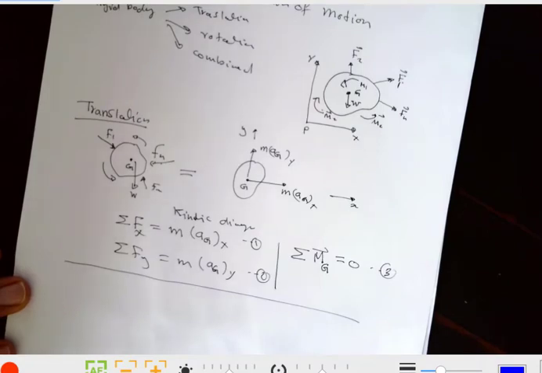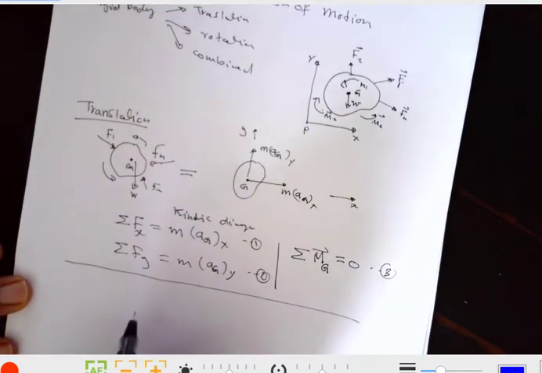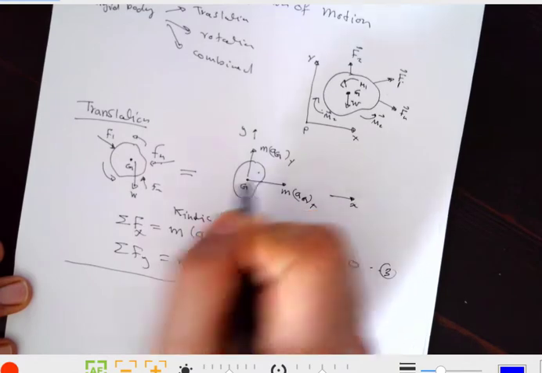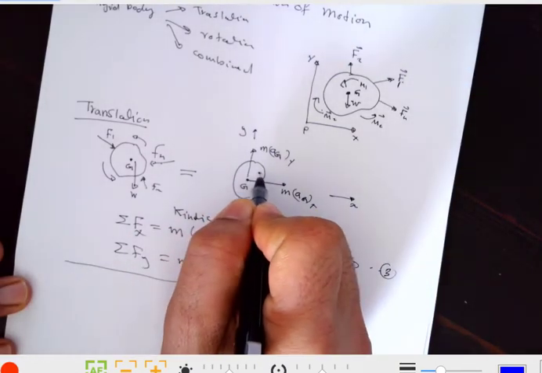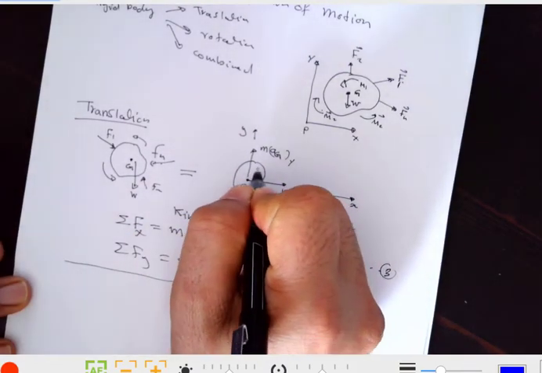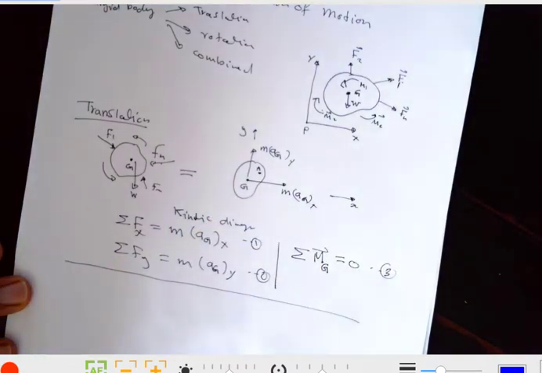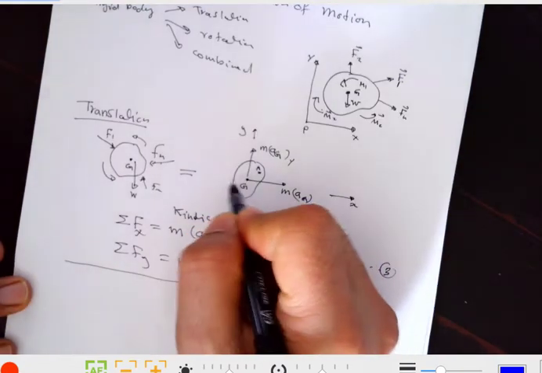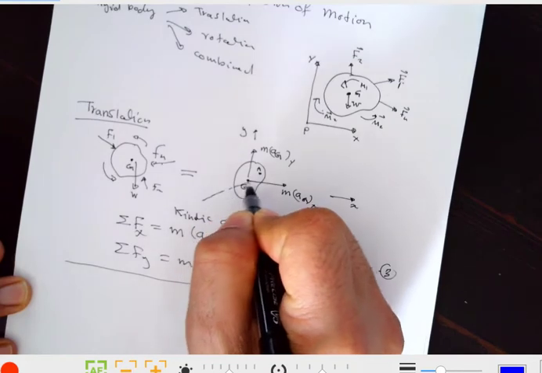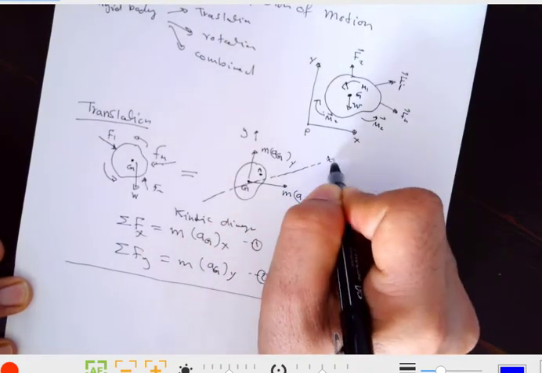Let's say I have a point over here. I'm going to call this point A. And let's say this system is translating along this line. So this is the translation.